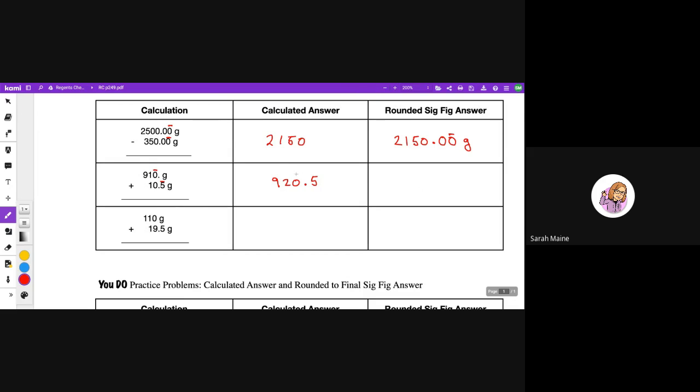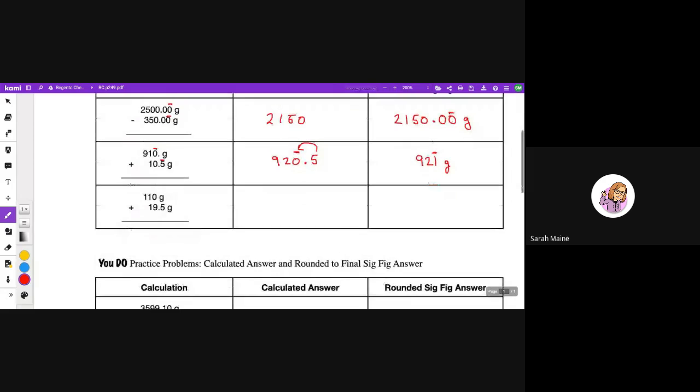So we can only keep digits in the calculated answer down to the ones. So the 0.5 would make this round up. So we would record this answer as 921 grams because the last place in the precision is in the ones.